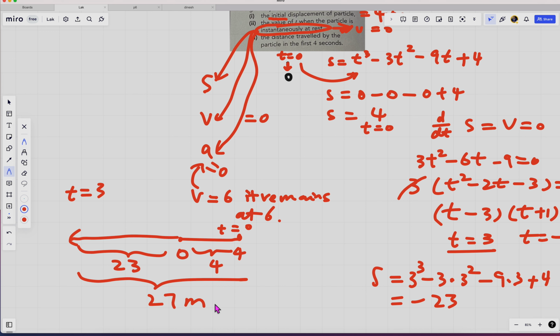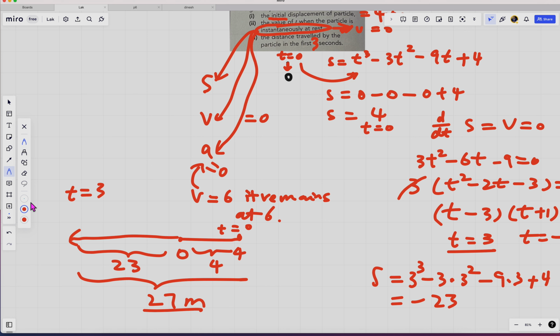So the distance traveled by the particle in the first 4 seconds. Okay, never mind. So t equals 0 is here. t equals 3 is here. But they want the distance traveled not in the first 3 seconds. If it's in the first 3 seconds, the answer will be 27. They want 4 seconds.